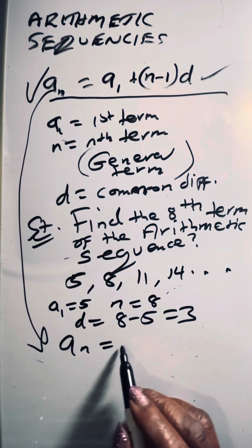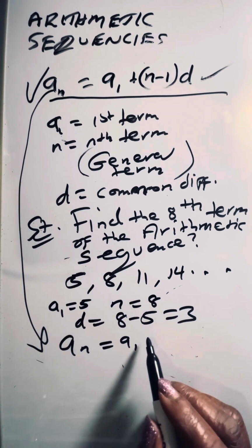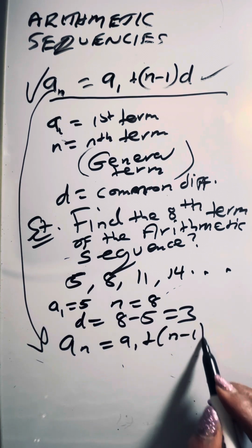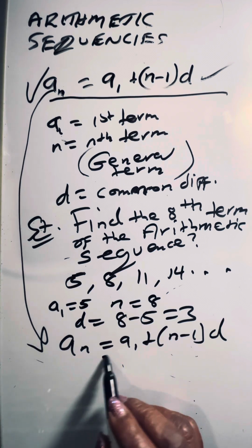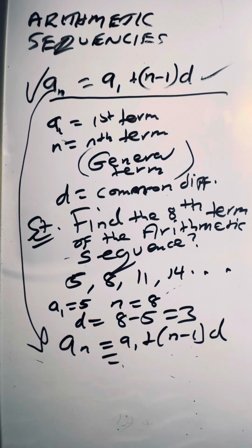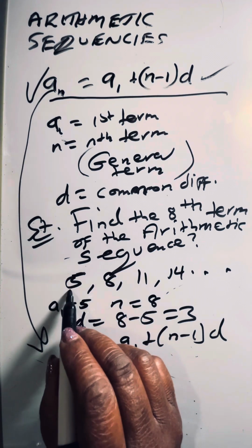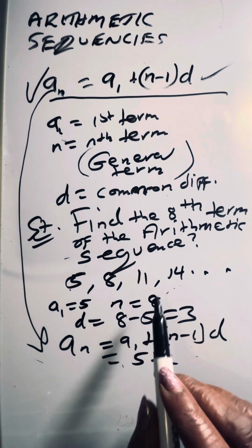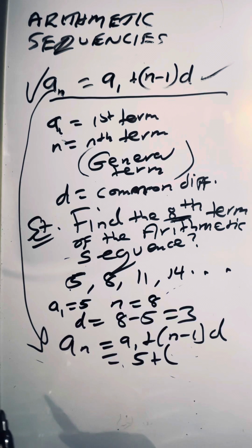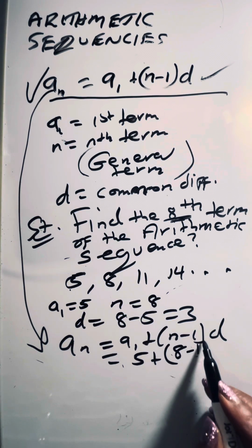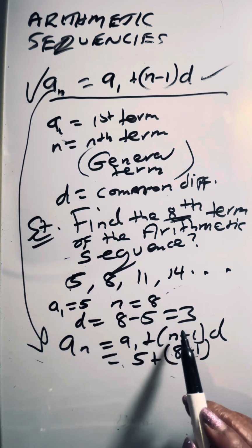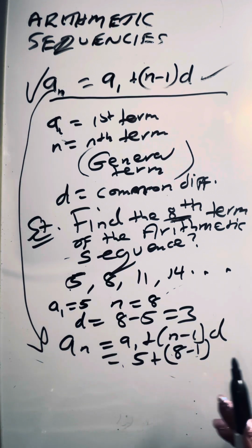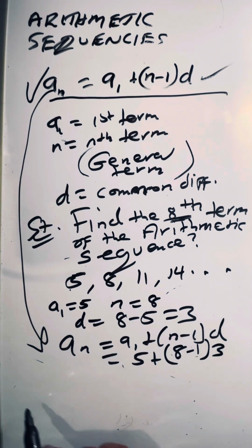Now plugging it into our formula, a sub n is equal to a1 plus (n minus 1) times d. Let's plug in the numbers that we know. We know a1 is the first term, which is 5. n is what we're trying to find, the 8th term. So it's 8 minus 1 times our common difference, which we found to be 3.